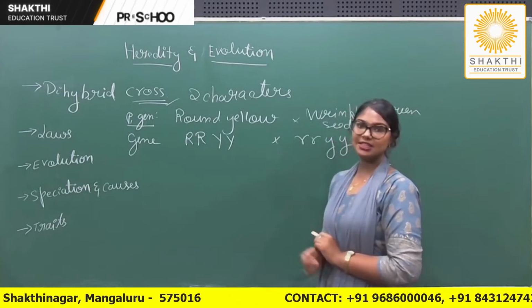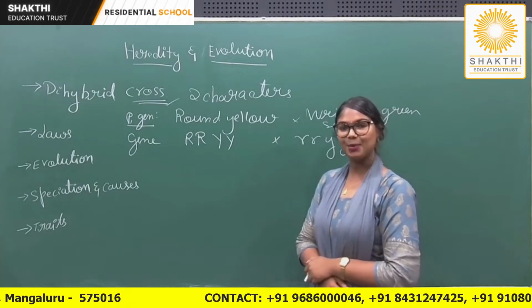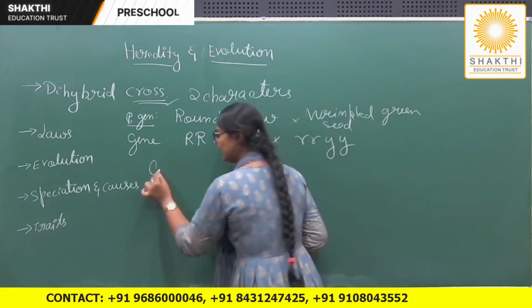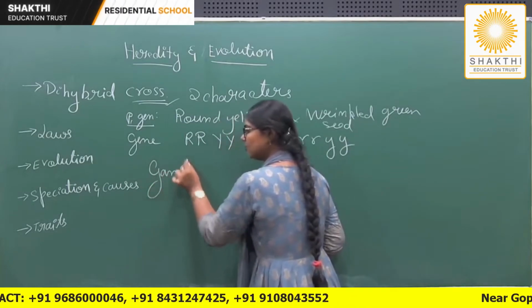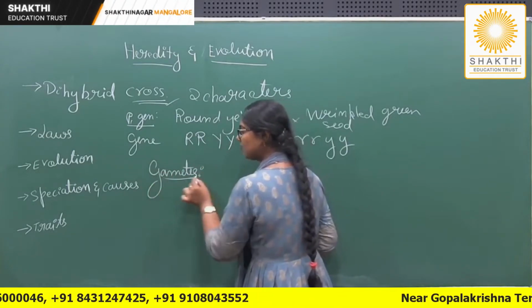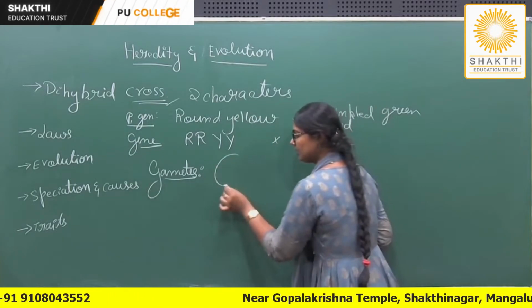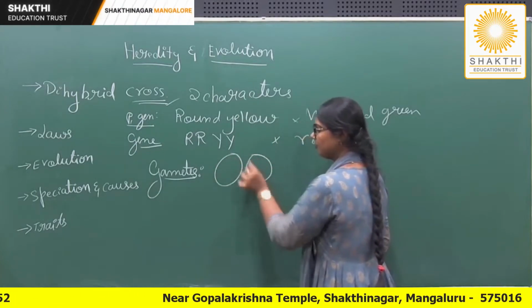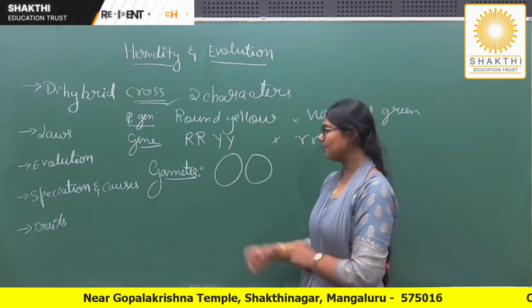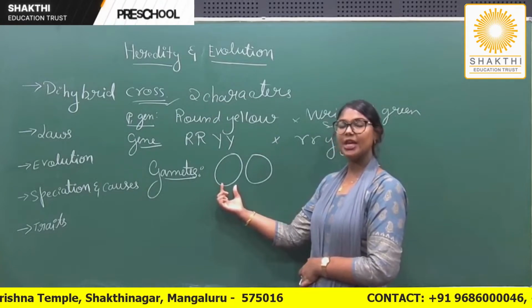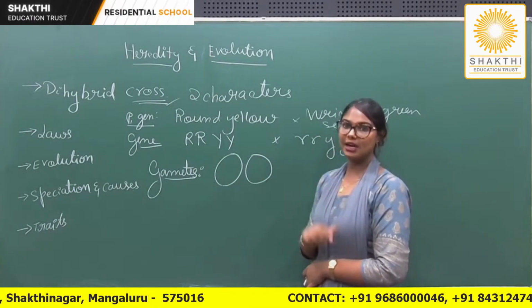Once we have written the genes, what is the next step? We are supposed to write the gametes. Now, what are gametes? How do we write them? Quickly recall. So, gametes are always supposed to be written within circles. The rule is, if you remember, inside one gamete, we can write only one letter of one kind.